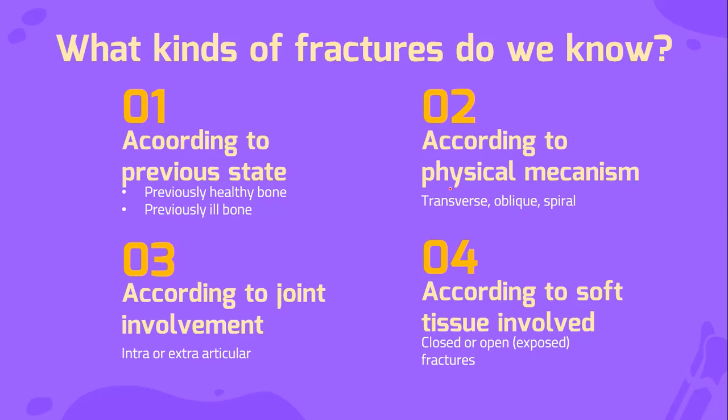There are also cartilage, ligaments, and some other structures, and they are more serious because they tend to take longer to heal, and they are involved with decreased range of movement in the case of an extremity fracture. And here we have fractures according to soft tissue involved.